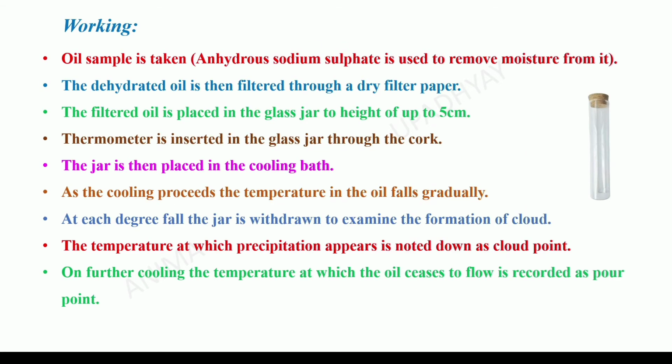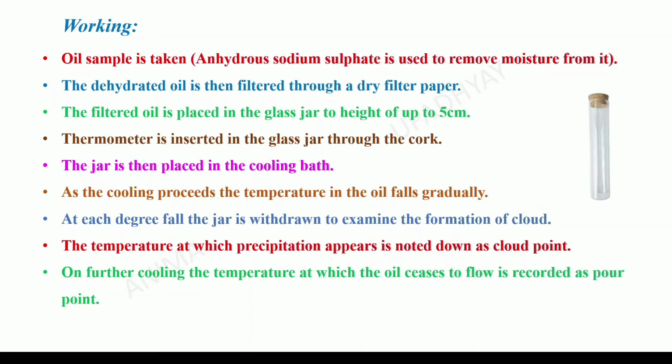Now let's see the working of the cloud and pour point apparatus. So the oil which is taken in the glass jar for the determination of cloud and pour point is first made anhydrous. That is, the moisture in it is removed by treating it with anhydrous sodium sulfate.